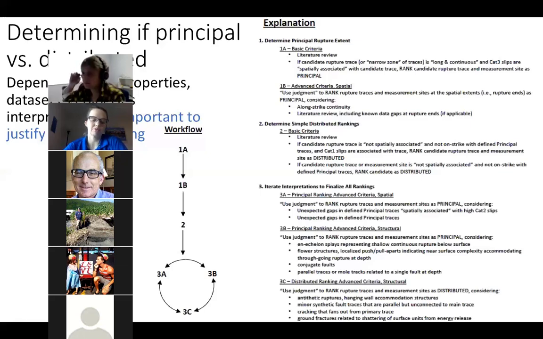Are you working from data from the 1960s or from last year, as well as your interpretations? And so it's key, as you're defining these different terms, to come up with a set of rules or justifications that you can use to explain how you came up with your ranking of whether features are primary or distributed faulting.